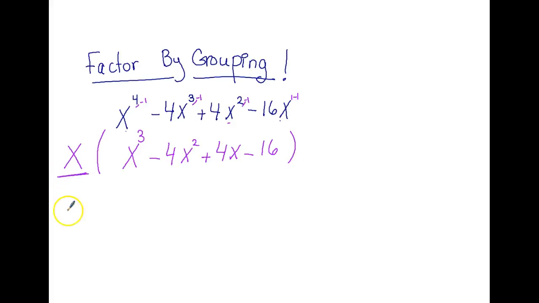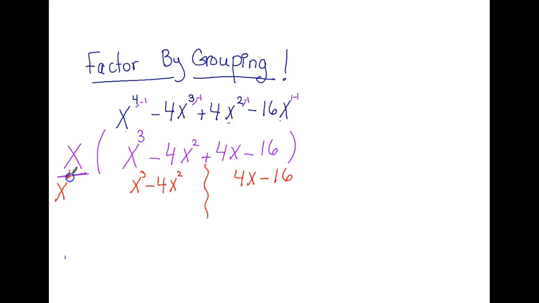It's going to go with you to every single step. Then you divide your 4 terms into 2 groups, because we're going to factor by grouping. My first group is the x cubed minus 4x squared. The second group is the 4x minus 16, and always keep the x.